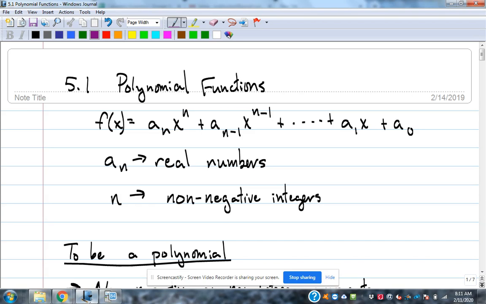It's not the funnest game, not a game show ever, but it's a game we got to play in class. And then the exponents on the variables are non-negative integers. That means positive or 0 for those exponents on the variable. That generic definition of a polynomial is all that is.